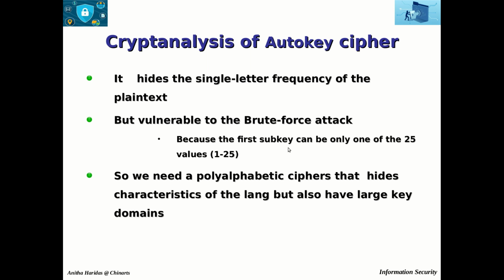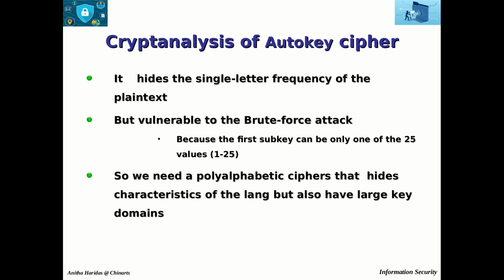Because the first subkey can be only one of the 25 values, 1 to 25. So we need a polyalphabetic cipher that hides the characteristics of the language but also has a large key domain. So if the key domain is large enough, we can protect the message from the brute force attack also.